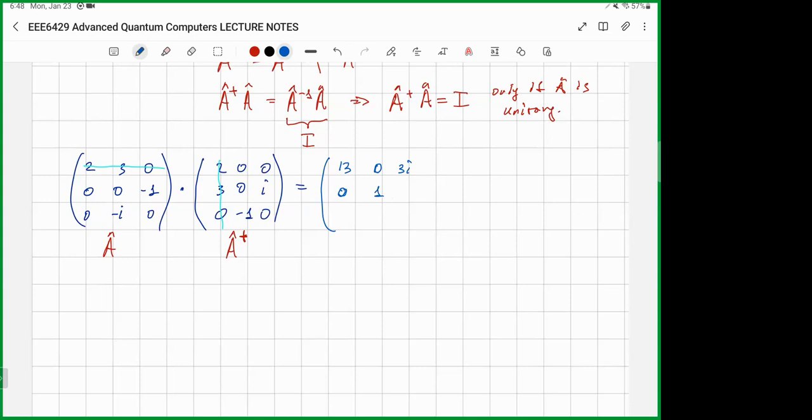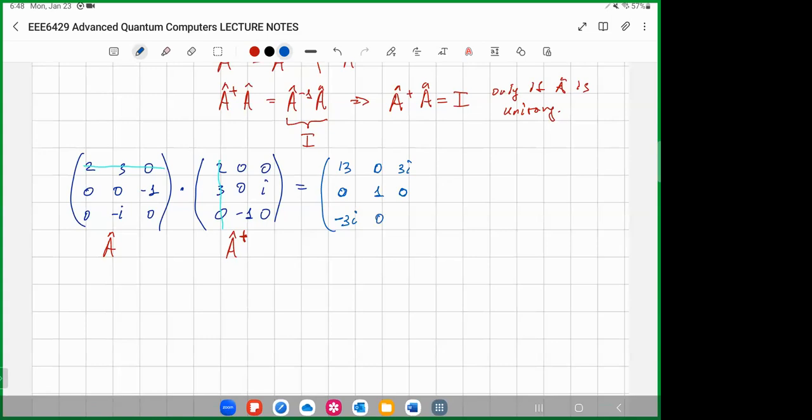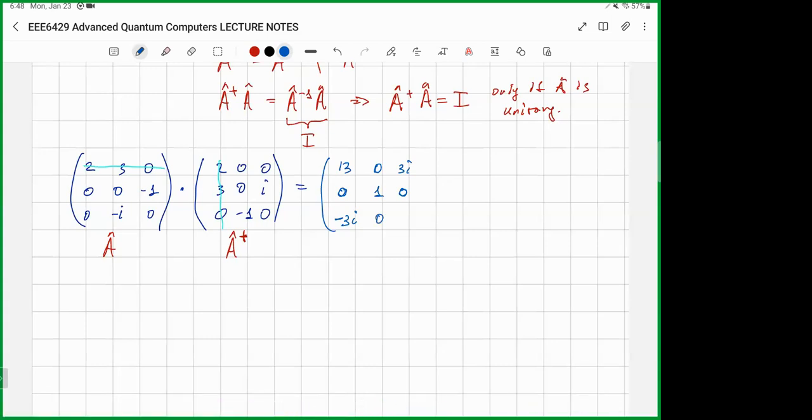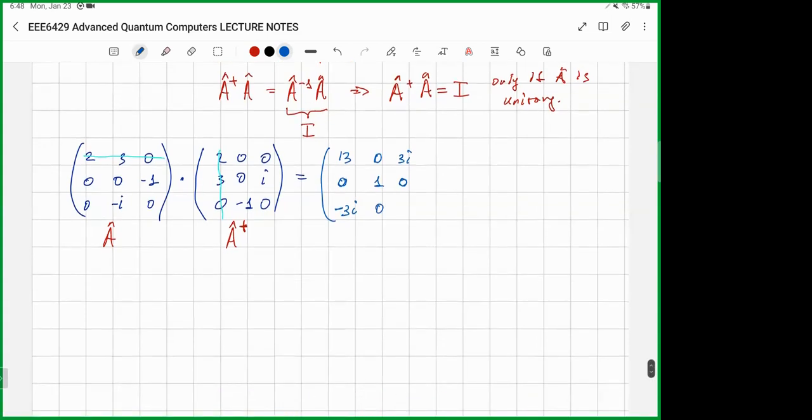And the third row gives minus 3i, then 0, and the last one, minus i times i, is 1.